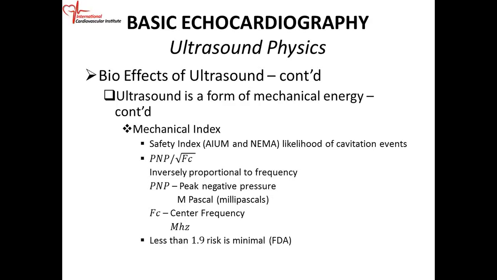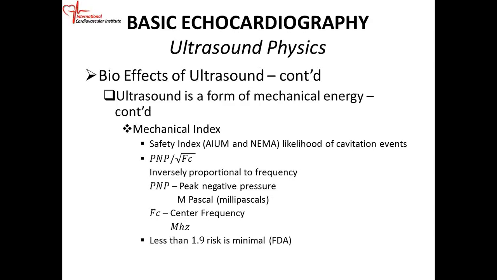What is the likelihood of forming these bubbles or cavitation? And the definition for that, so it's a safety index. You don't want to go above a certain MI, mechanical index. And it's a safety index, as mentioned before, and it's a likelihood of cavitation events.